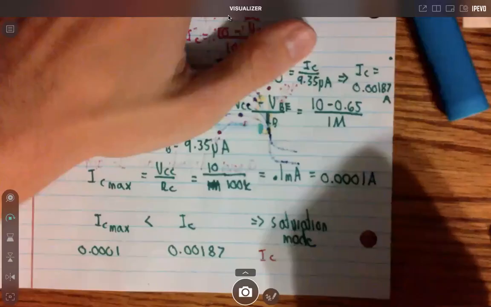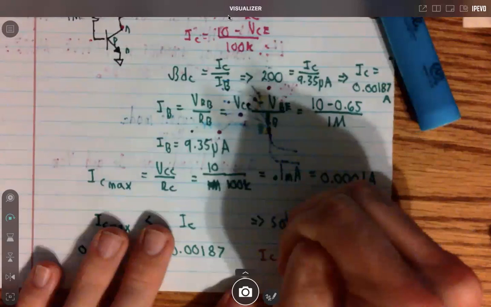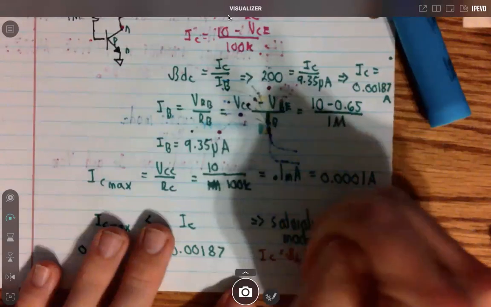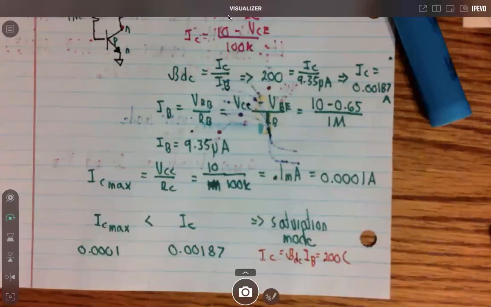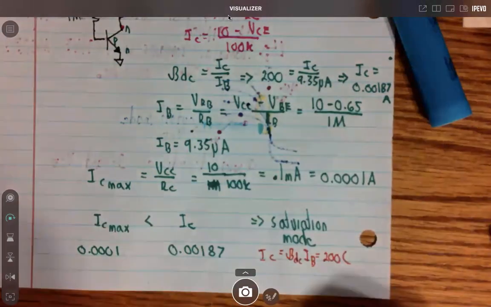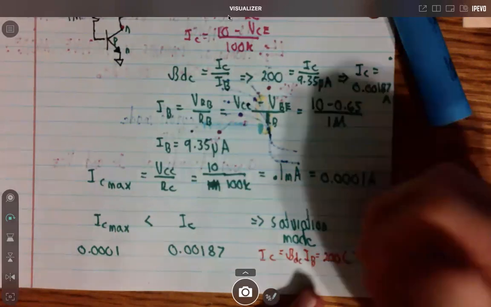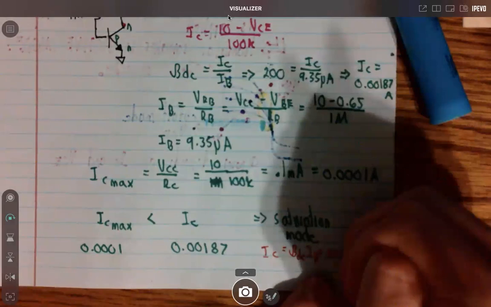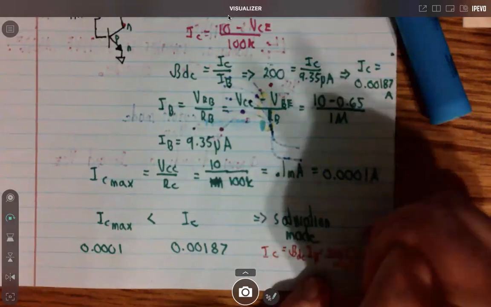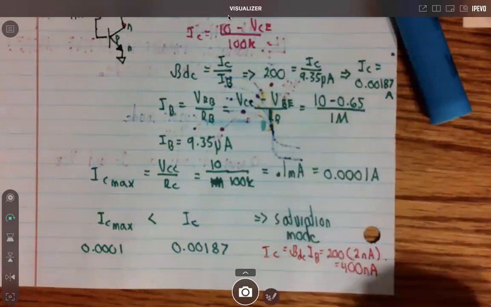IC is equal to beta DC times IB, which would be 200 times, and then since it's in saturation mode, only the leakage current will pass through. And the leakage current was something around like 2 nanoamps when we measured it in lab. And so this would be about 400 nanoamps. It's very small, the current that's going through. It's not even that much since it's in saturation.